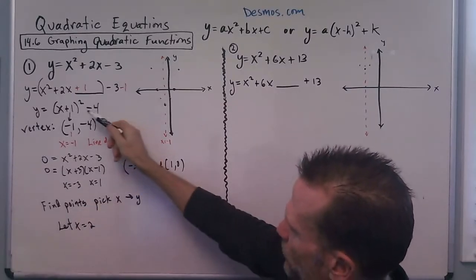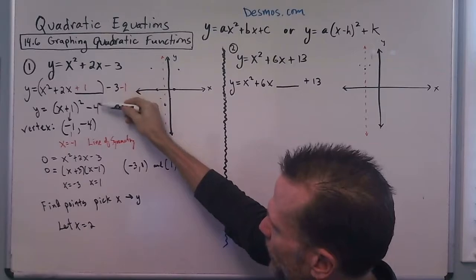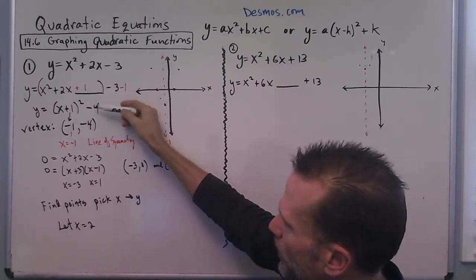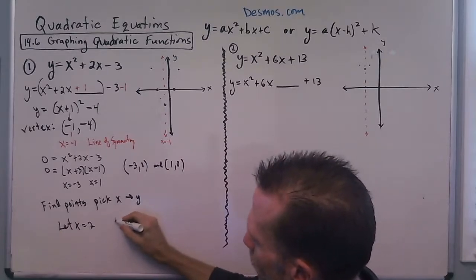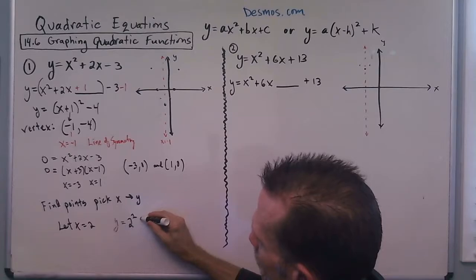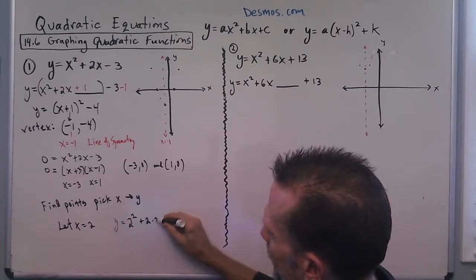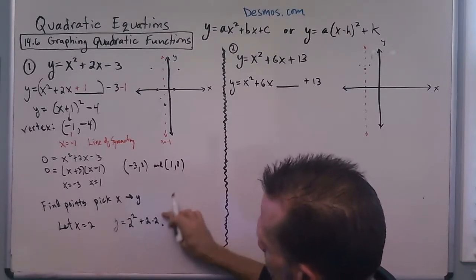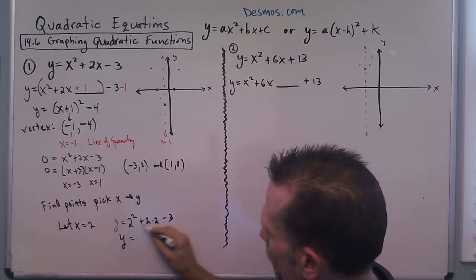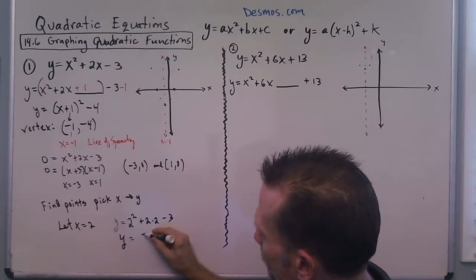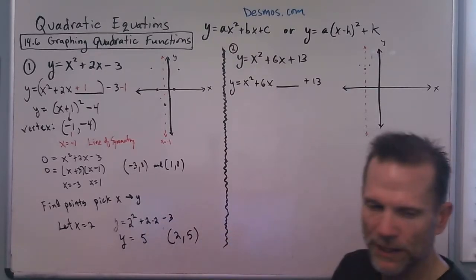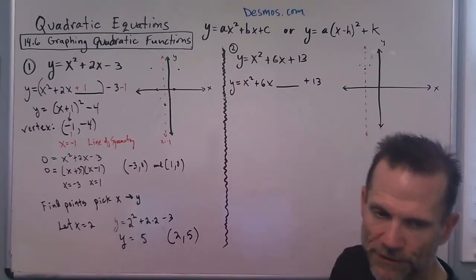If I let x equal 2, I could go back into either the original equation or the completed square form. I get y is equal to 2 squared plus 2 times 2 minus 3. So y is equal to 4 plus 4 is 8, minus 3 is 5. So when x was 2, y is equal to 5, and I plotted that point already also.